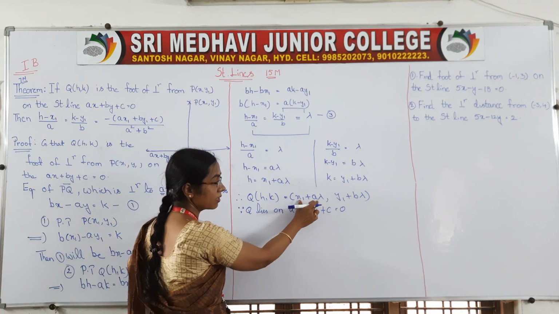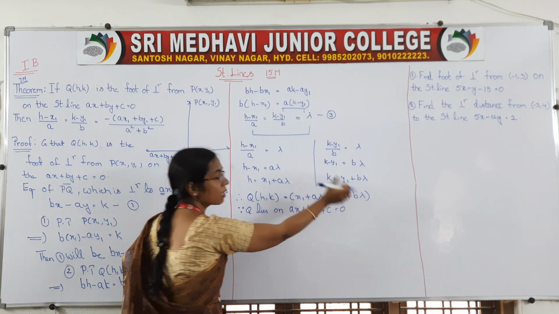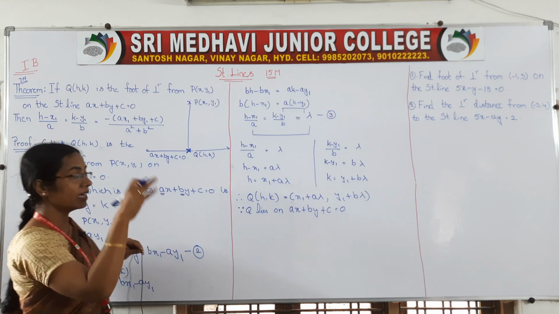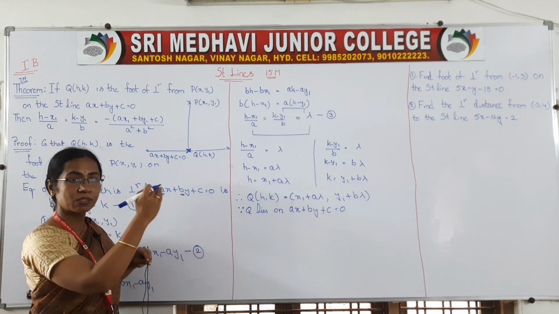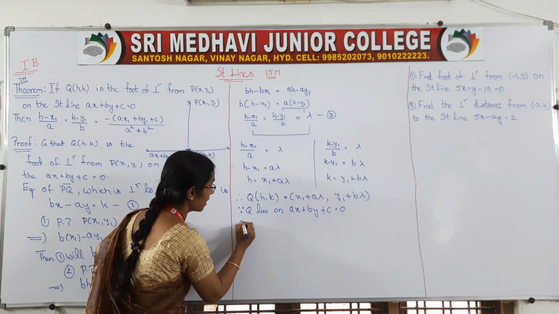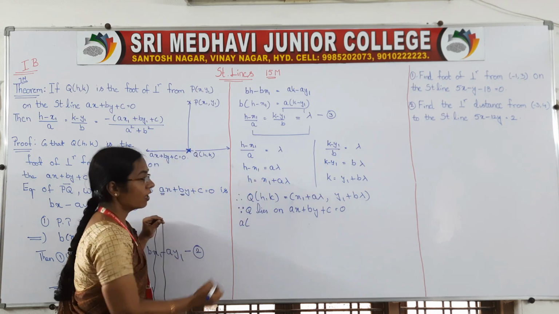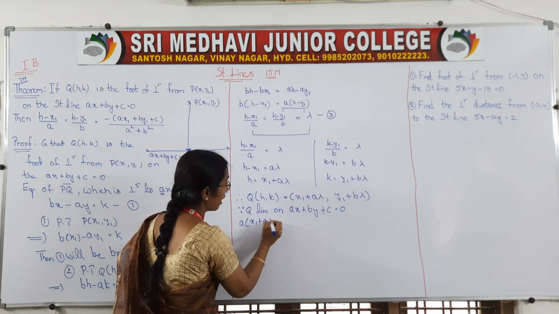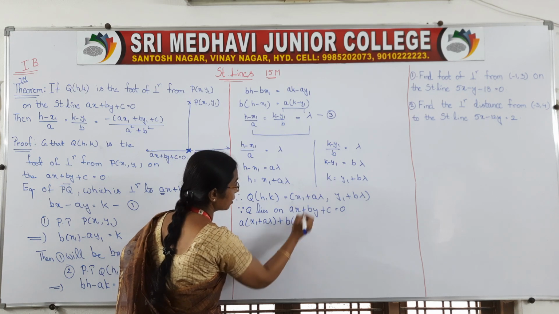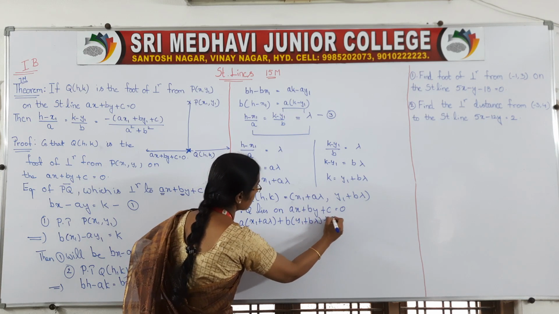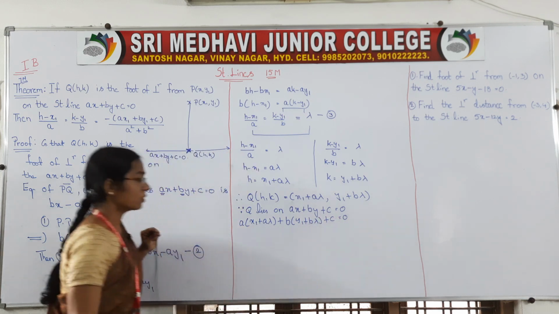So in x place, the x coordinate, in y place, the y coordinate. Anywhere a point passes through the line or lies on the line means it satisfies that line equation. So we can take this as A into (x1 plus a lambda) plus B into (y1 plus b lambda) plus C is equal to 0.